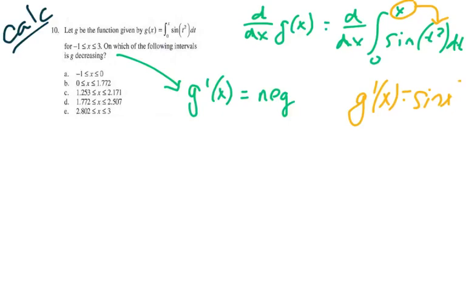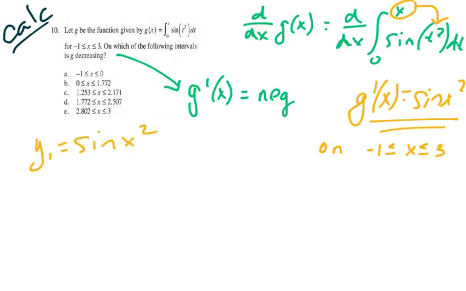That's my derivative function, the derivative of the original function. I want to know where this function is negative on the interval from -1 less than x less than 3. So we go to our calculator, and into y1 we plug sine of x squared.